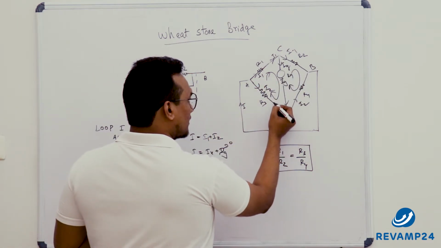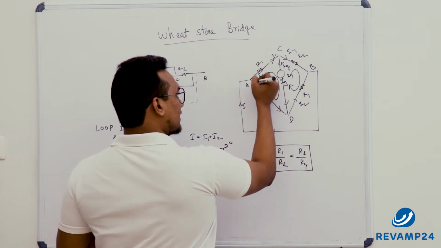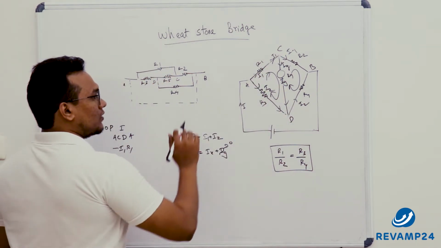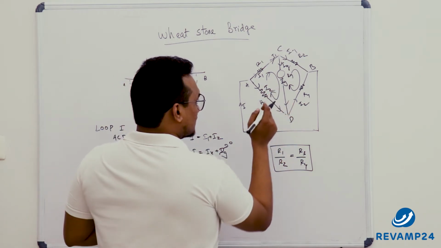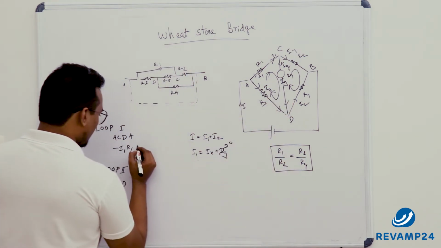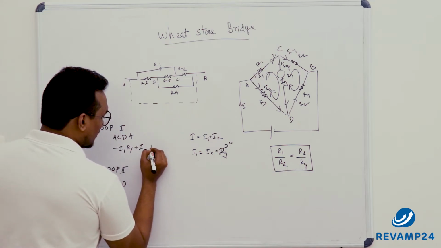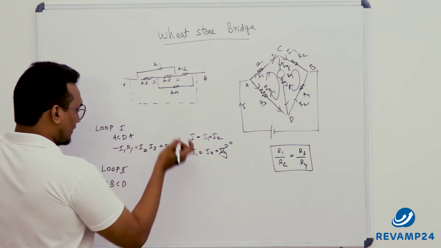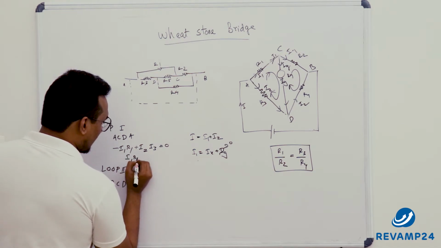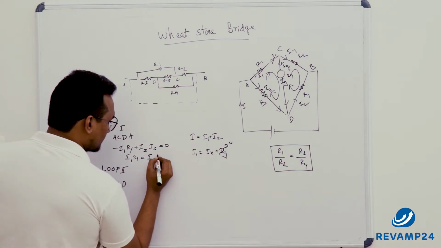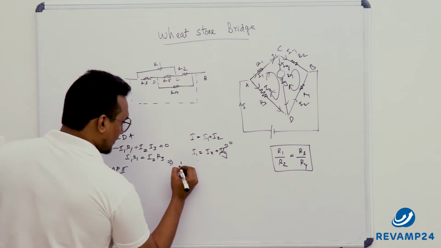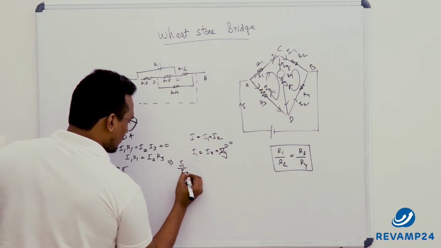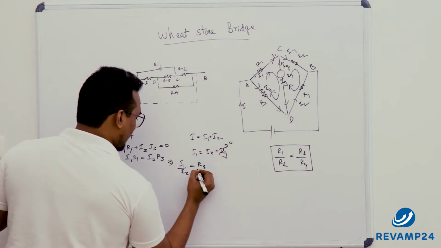Then I will reach here. Then my loop is in this direction, current is in the opposite direction, so potential will increase. The increase is I2 into R3. So minus I1 R1 plus I2 R3 is equal to 0. I can rearrange: I1 R1 is equal to I2 R3. From here, I get a relation, that is I1 divided by I2 is equal to R3 divided by R1.